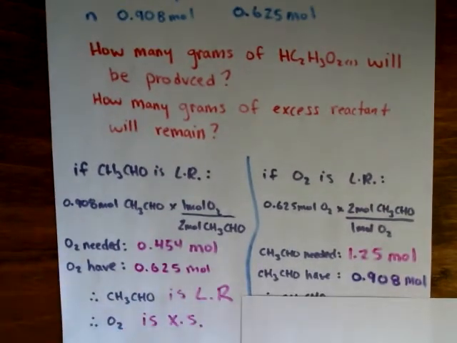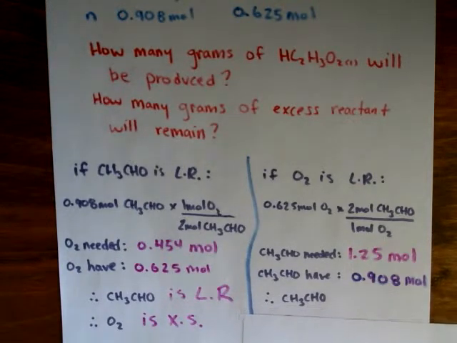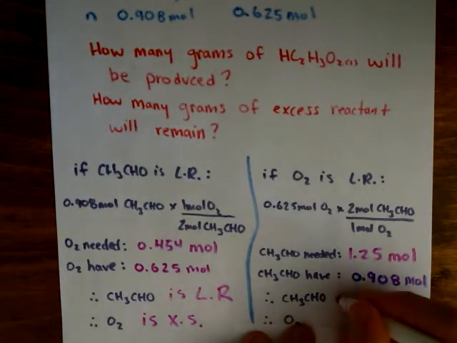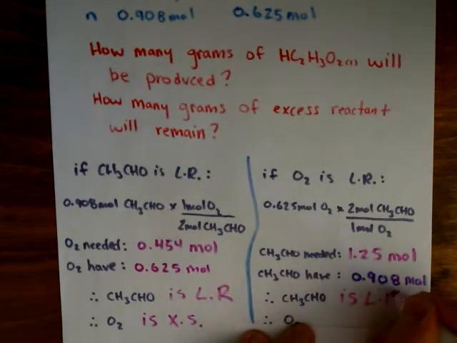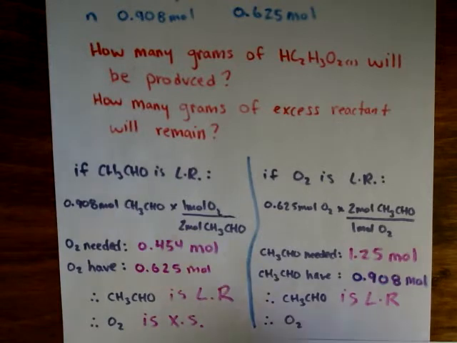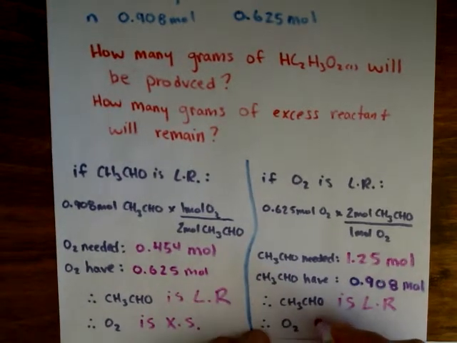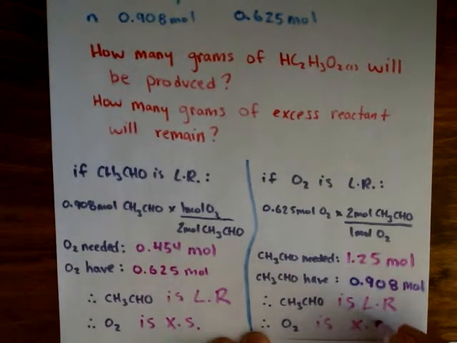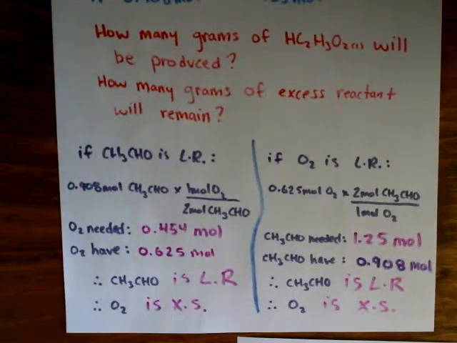And from above, we see that the amount of acetaldehyde that we actually have is less than what is required to completely react. So therefore, we can say that acetaldehyde is the limiting reagent, and oxygen is in excess. And this is exactly the same as what we showed on this side as well.